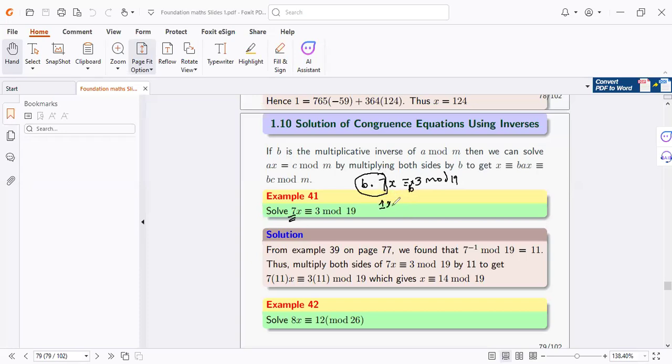And then x. And then what I have here is 3b, mod 19. So of course the left-hand side has an x. 1 times x is just x. And then this one, I'll reduce it mod 19.